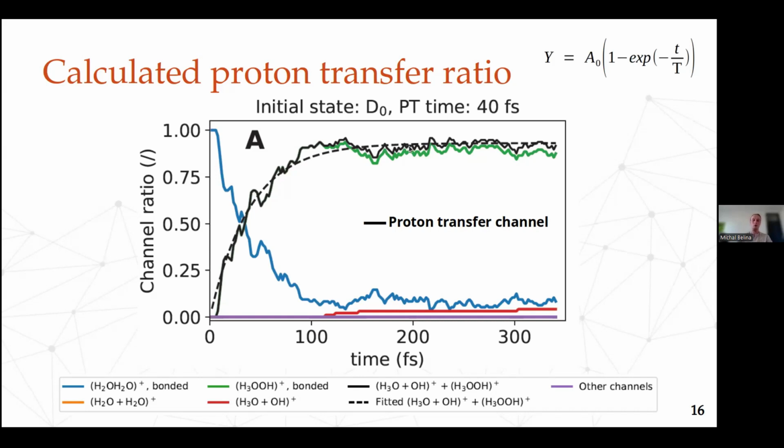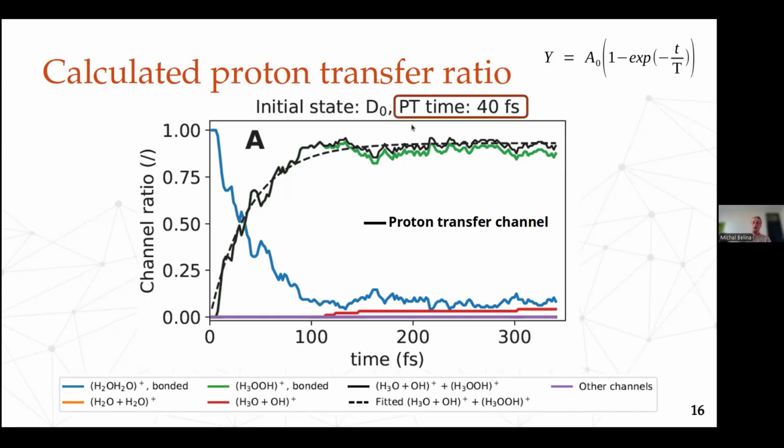molecules which went towards the proton transfer. And you can see that when starting from the electronic ground state, the simply ionized electronic ground state, we got a proton transfer time of 40 femtoseconds, which is in great agreement with experiment.